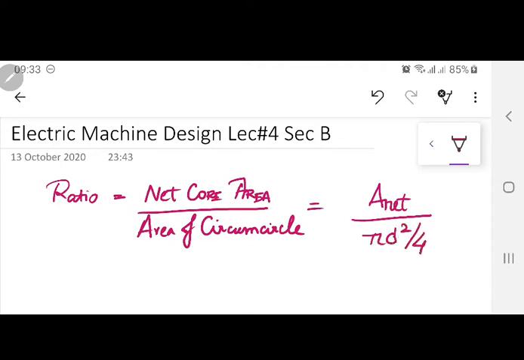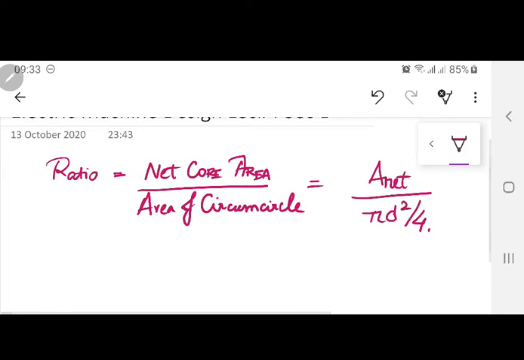Now this A net was certainly equal to some relationship, and that relationship was based on whether you are using a 2-step core or a 3-step core or a 4-step core.